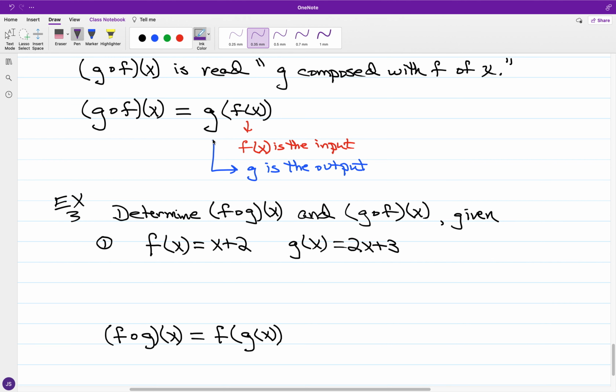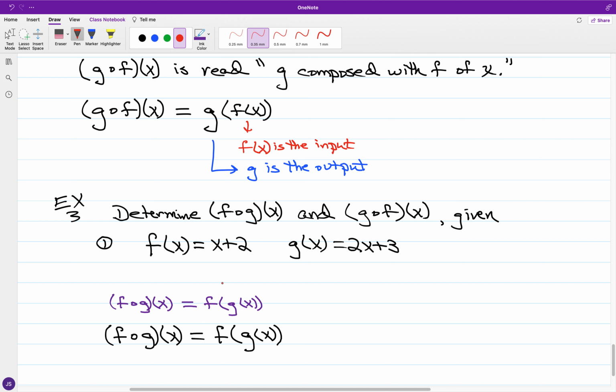Let me give you just a little bit of a visual. So you have f of g of x. Now g of x is the input, f is the output.